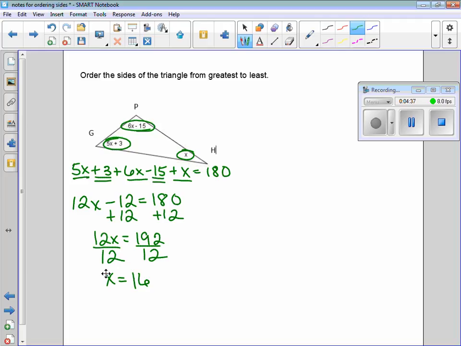Now that I have found x, I can go back to my angles, substitute x, and find the actual angle measures. For angle P, I'm going to plug into 6x minus 15. So I have 6 times 16 minus 15. 6 times 16 is 96. 96 minus 15 is 81. So angle P is 81 degrees.